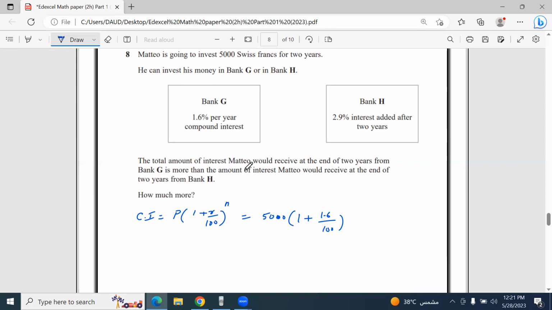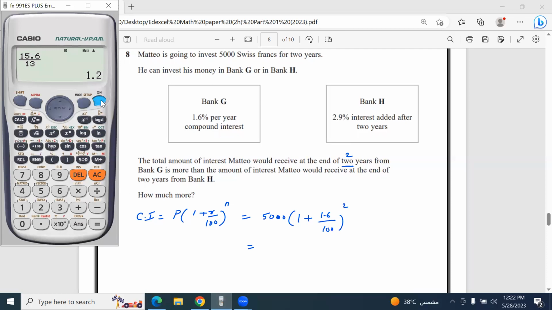Look, the total amount Matthew would receive at the end of 2 years, so the power is 2. We can check on the calculator directly.